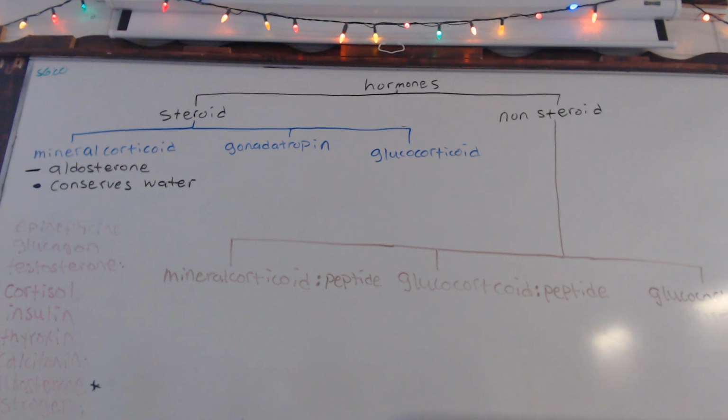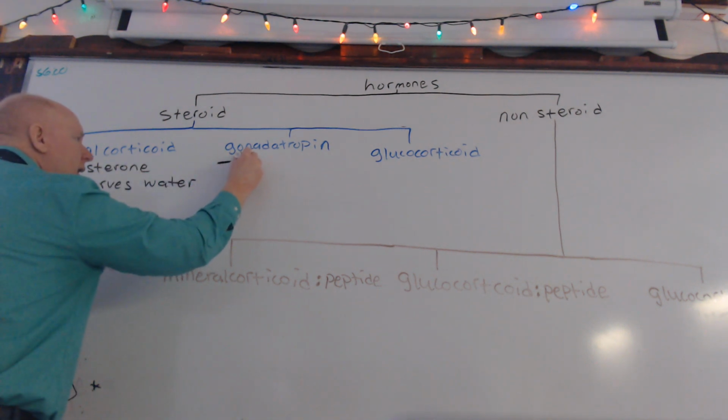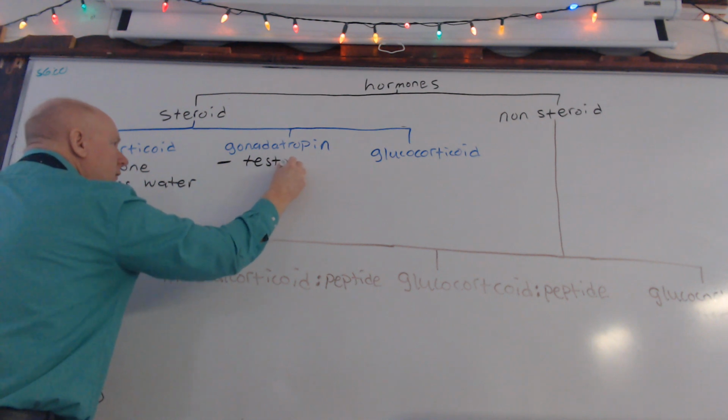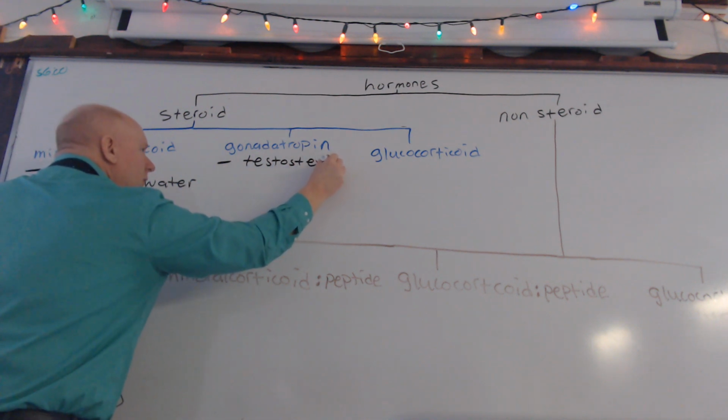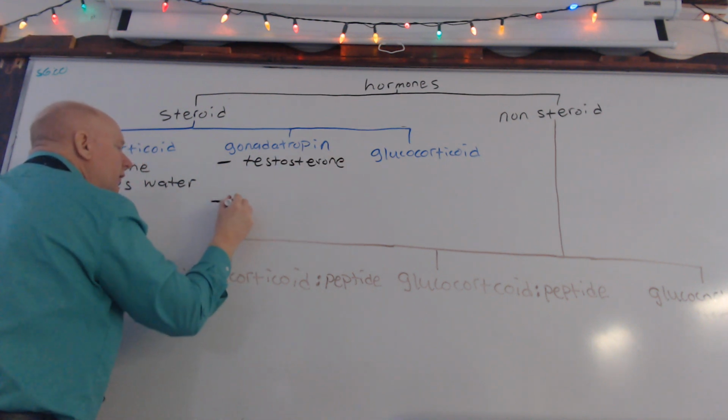Again, we're eliminating what we know that it isn't to know what it actually is. So what would 2 steroid hormones be that are gonadotropins? Okay, so we've got testosterone, and then we've got estrogen.